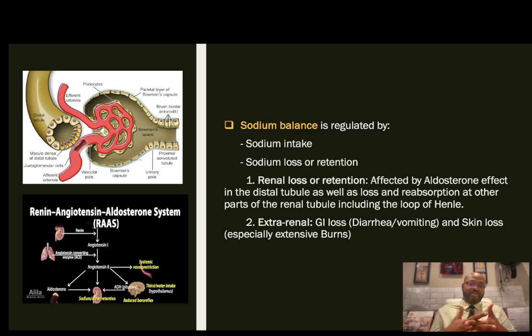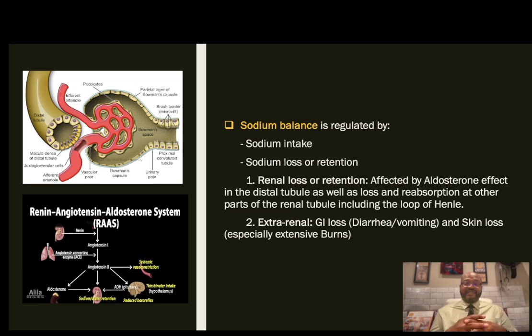The macula densa cells of the distal tubule of the nephron are involved, as well as the juxtaglomerular cells of the afferent arteriole of the glomerulus. They form a complex called the juxtaglomerular complex that you can see. It's sensitive to the urine flow in the tubules, and to the blood flow itself. It senses the changes in osmolarity as well as the perfusion, the arterial blood volume.